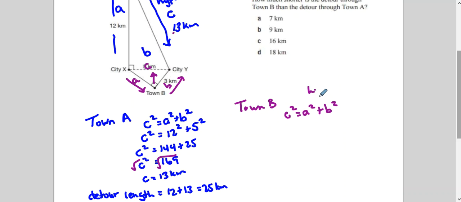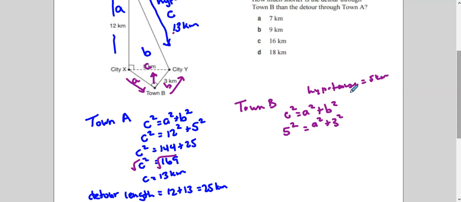We know the hypotenuse for this one is 5 kilometers. But for the blue one, it wasn't, because that right there is the hypotenuse across the right angle. Okay, so we know that C is 5 kilometers. A, we don't know. B, oh, it's 3 kilometers.